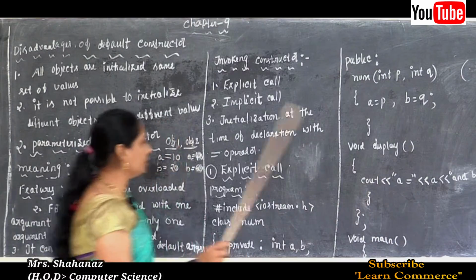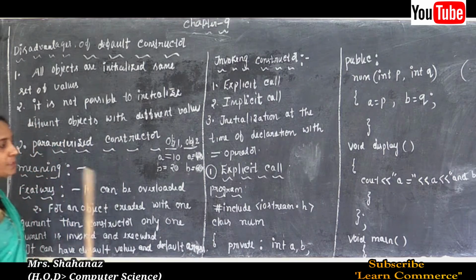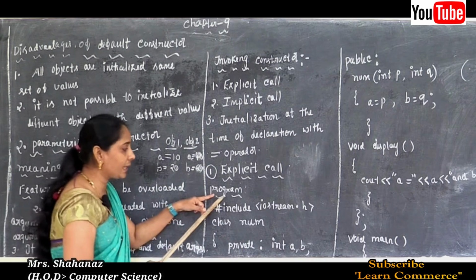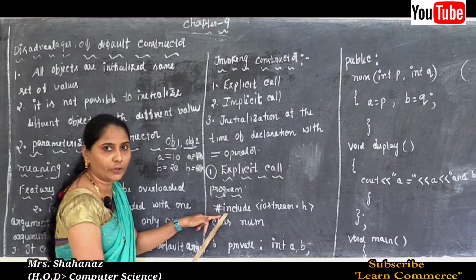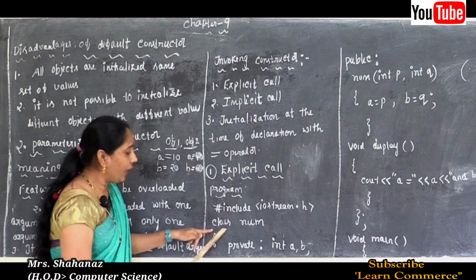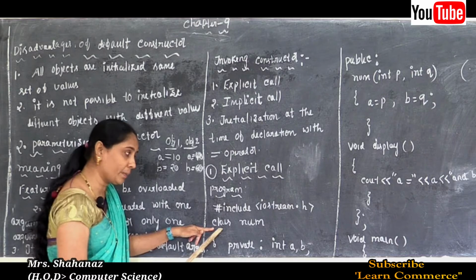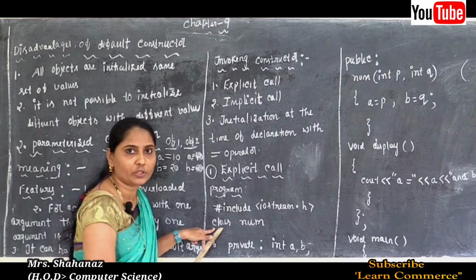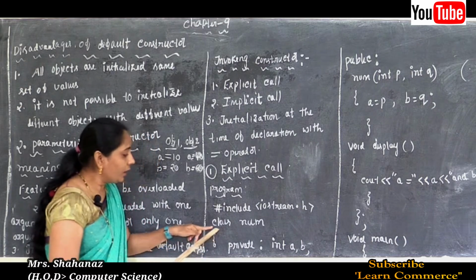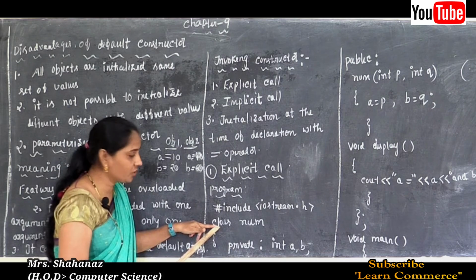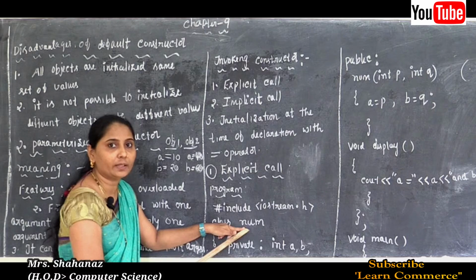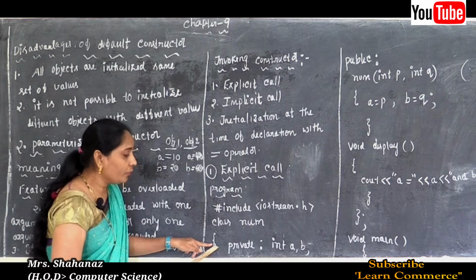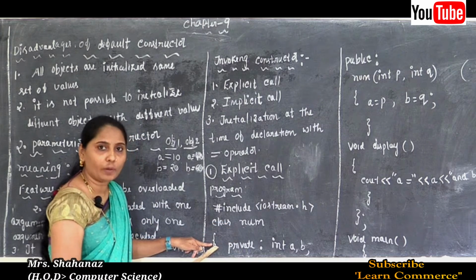So let's see the explicit call program here. First of all, the header file we need to use is #include iostream.h, and later some other header file if you want. Then class is the keyword, num is the class name, which is a user defined name, and then we open the flower bracket.